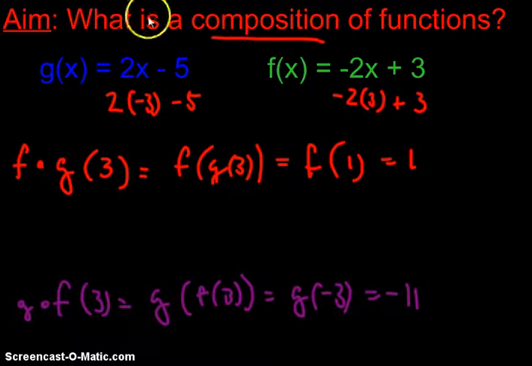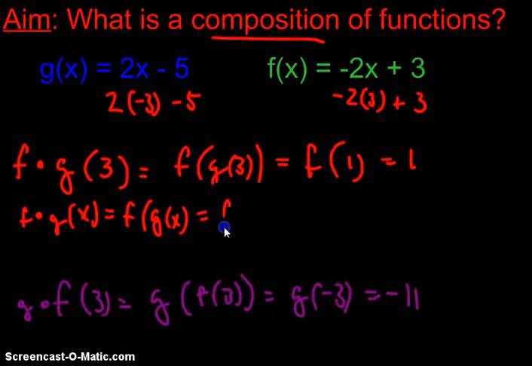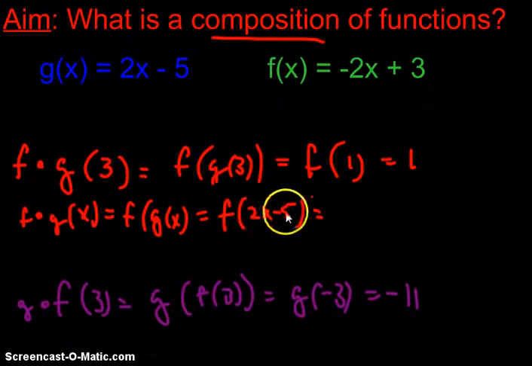Let's see what the function f of g of x is equal to. Because this applies using two functions, we can actually turn this into one function. So what is f of g of x? Well, that's f of 2x minus 5, which is the same thing as if we plugged 2x minus 5 into f.